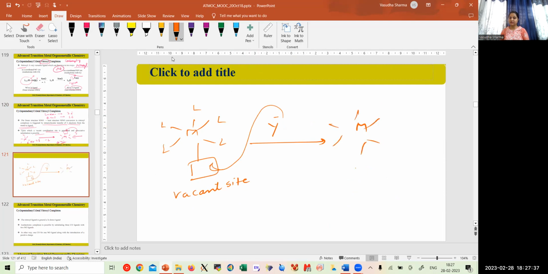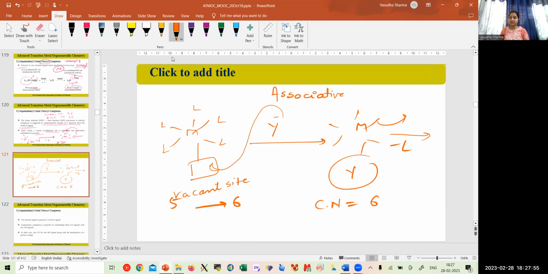It will increase the coordination number. The coordination number is now increased from 5 to 6. So when the coordination number is increased, then after certain conditions one ligand will go off and this will give you the coordination number back. That is called an associative substitution reaction.